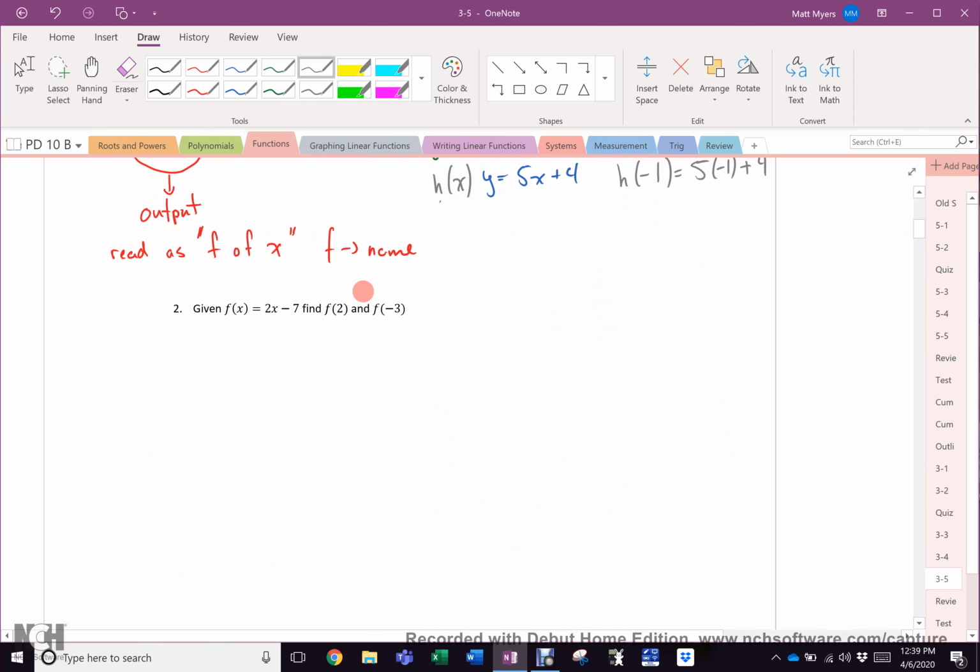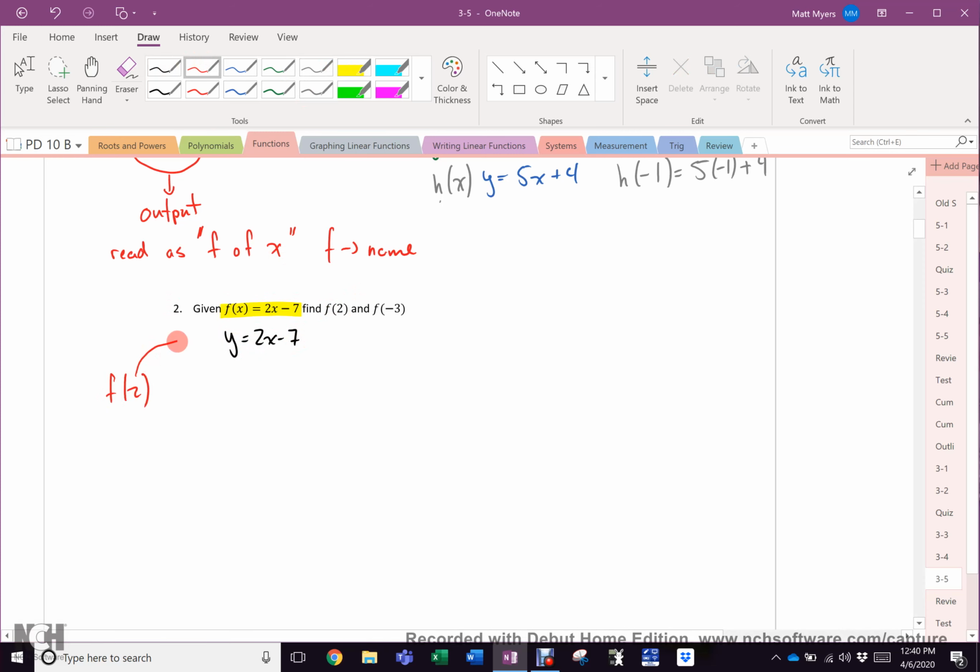So let's try that right here. I have my function. Remember, this behaves the exact same way as y equals 2x minus 7. But we don't have a y, we have f of x. So I want the f of 2.